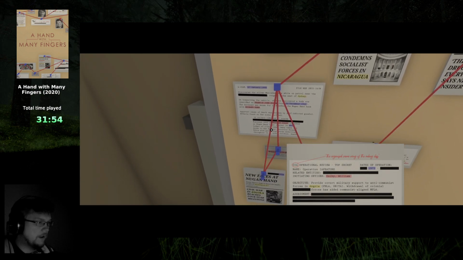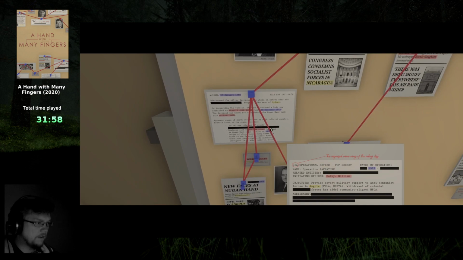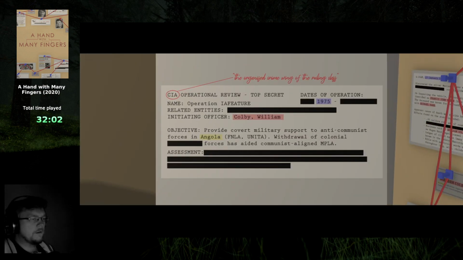Retained as Nugan Hand counsel in 79. Remained, I can't read that. Anyway. Objective, provide covert military support to anti-communist forces in Angola. Control of colonial forces as aided communist aligned PLA.